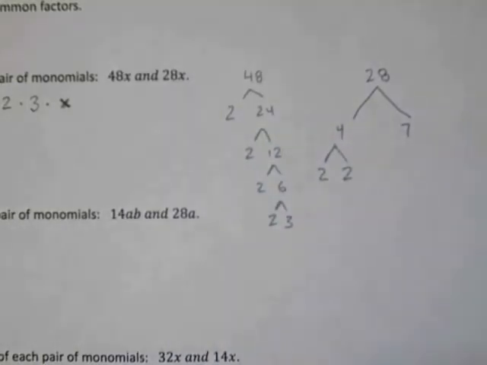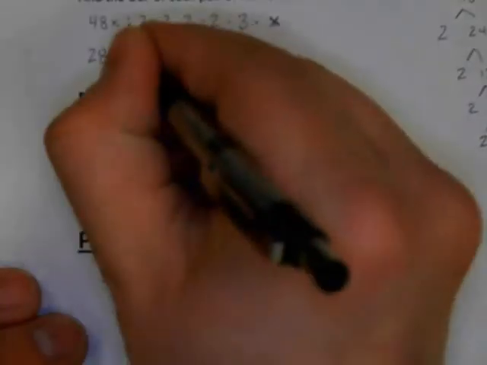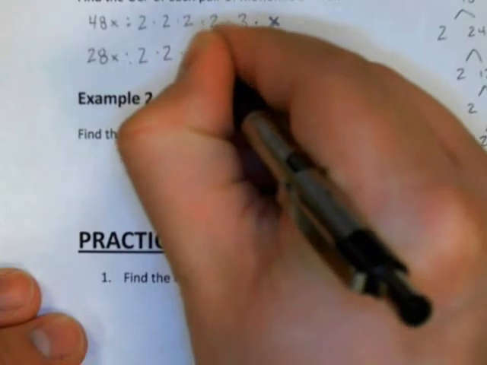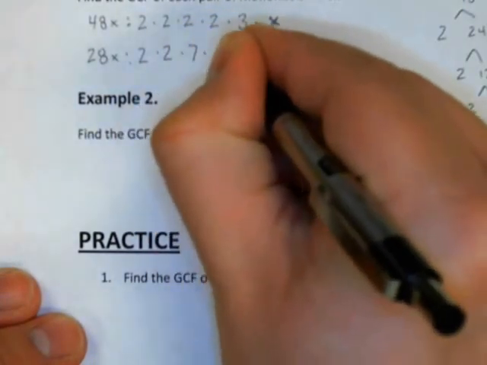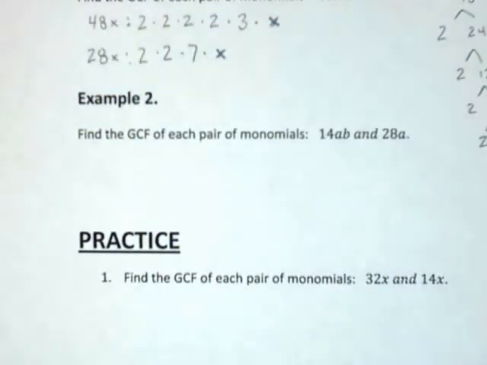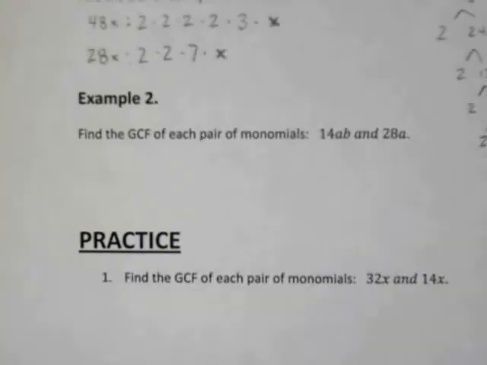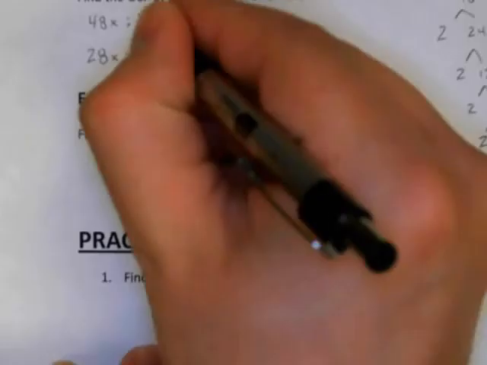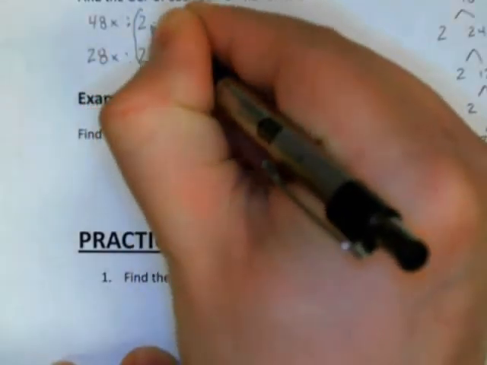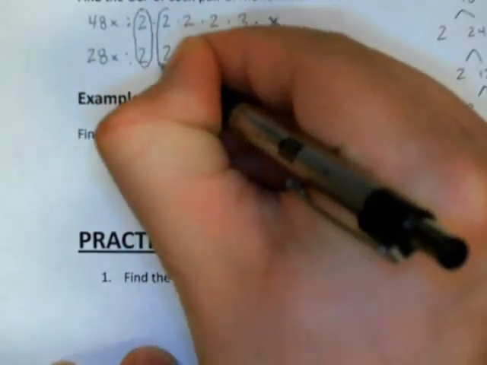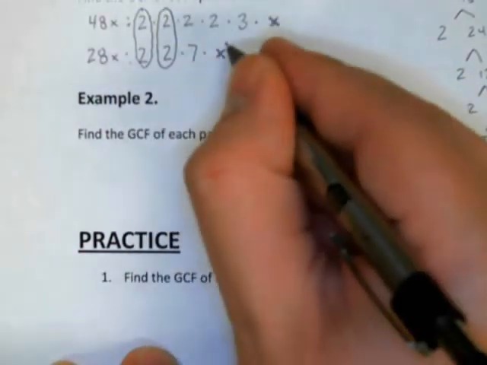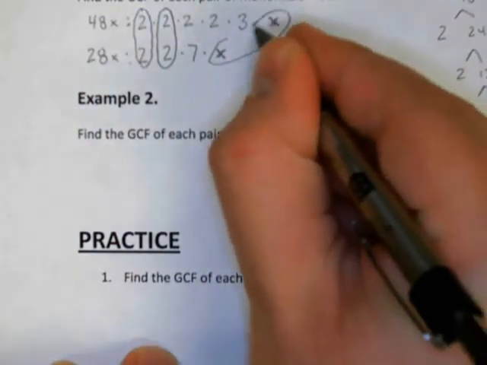So what we're left with for 28x is 2 times 2 times 7 times x. This is how we find the greatest common factor of each of these monomials. We're going to circle the ones that are common here. 2 times 2, those are common. 7, there are no 7s up here, but there is an x on both sides.